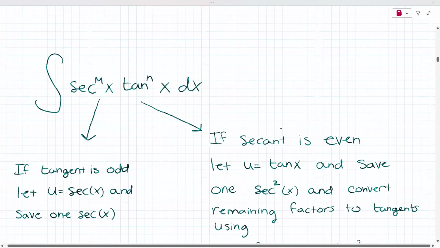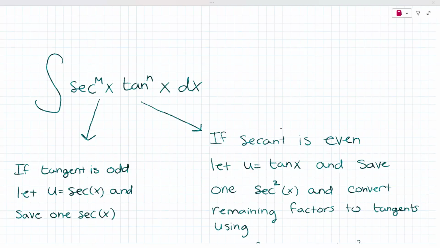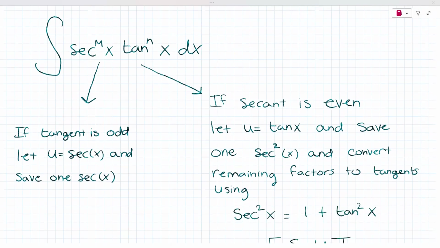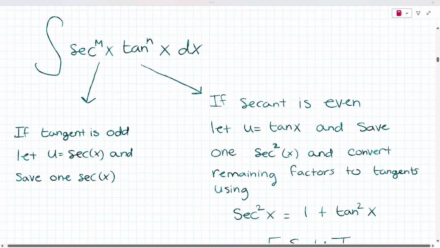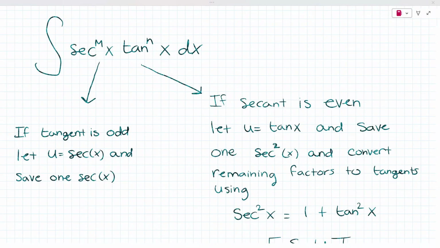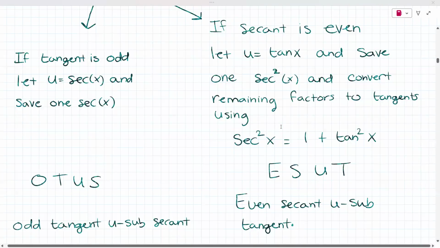And then what happens when you have an integral of both secant and tan? So if your tangent is odd, you're going to let u equal secant of x and save one secant tan. If secant is even, you're going to let u equal tan of x and save one secant squared of x and convert the remaining factors to tangents using the identity secant squared of x equals 1 plus tan squared of x.